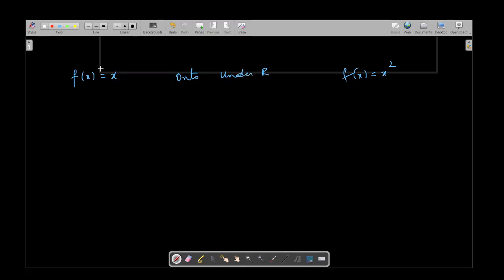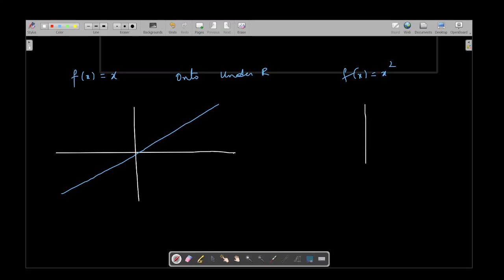So again, we plot the function. f of x is equal to x is a straight line, and f of x is equal to x square is a parabola.